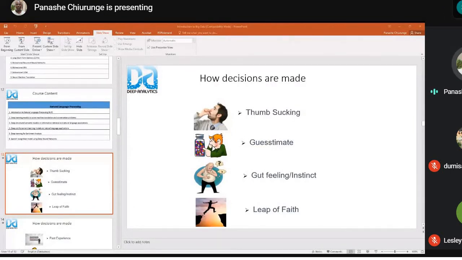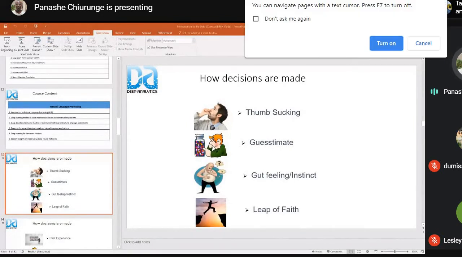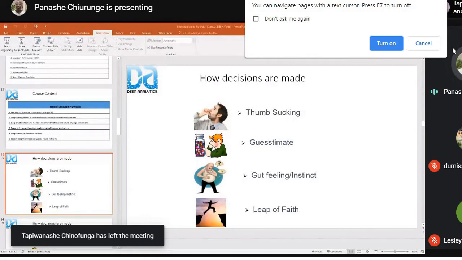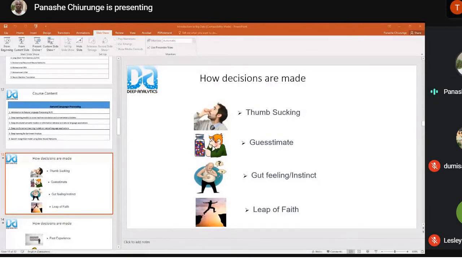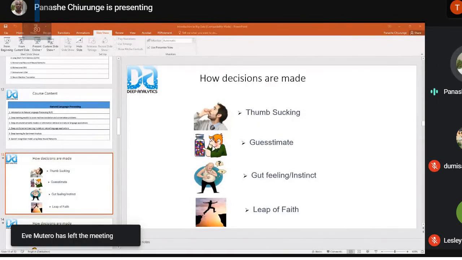Let's talk about, when we talk about data analytics, data science, machine learning, especially for decision making. We need to drill down into the differences in terms of how decisions are made.